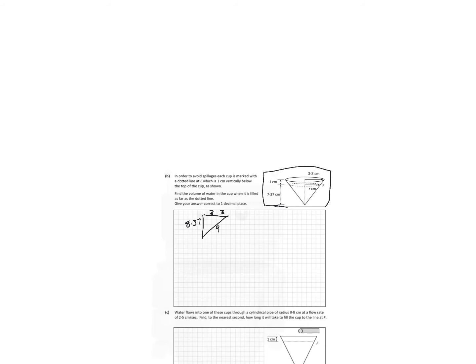The new triangle that we're going to be looking at, which is this smaller one, they've told us is 7.37. We don't know the radius because it's going to be shorter, and we don't know this side here either. However, what we do know is that we have two things that are going to be the same.